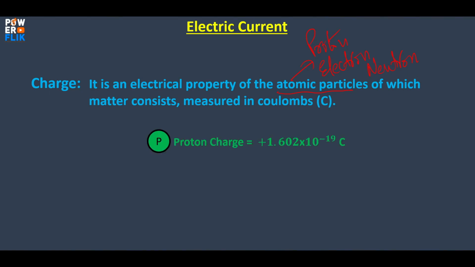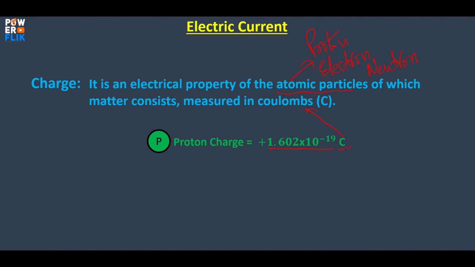Proton will have positive charge. The magnitude of it is 1.602 into 10 power minus 19. Here we are writing C. C means coulombs. This is the unit to represent the charge.